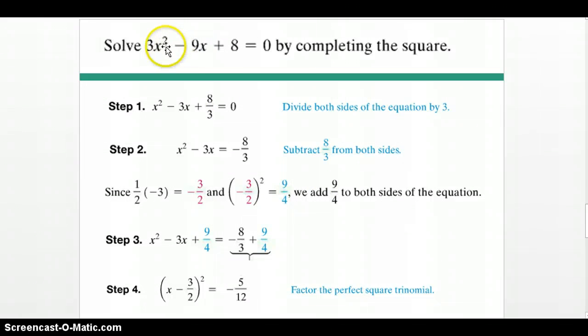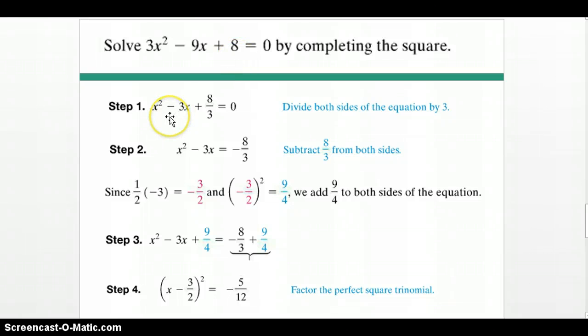Solve 3x squared minus 9x plus 8 equals 0 by completing the square. Here, the coefficient of x squared is 3, so divide both sides of the equation by 3.